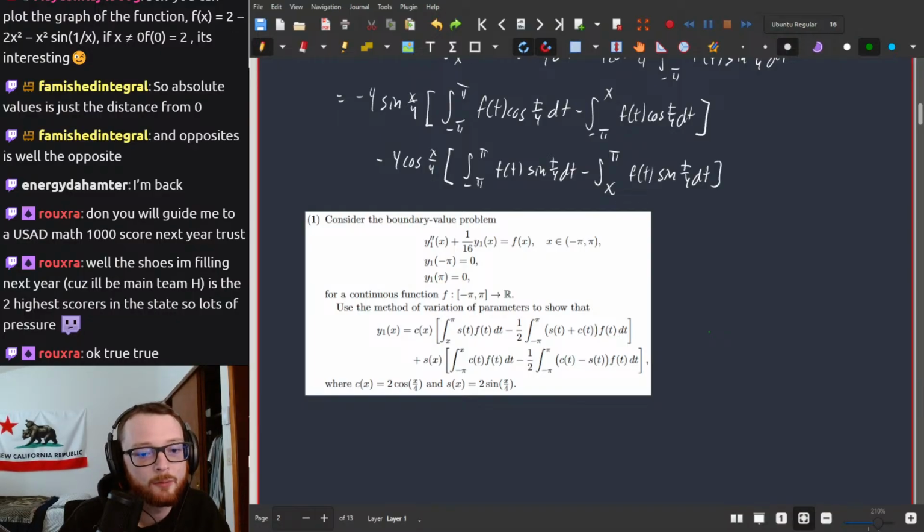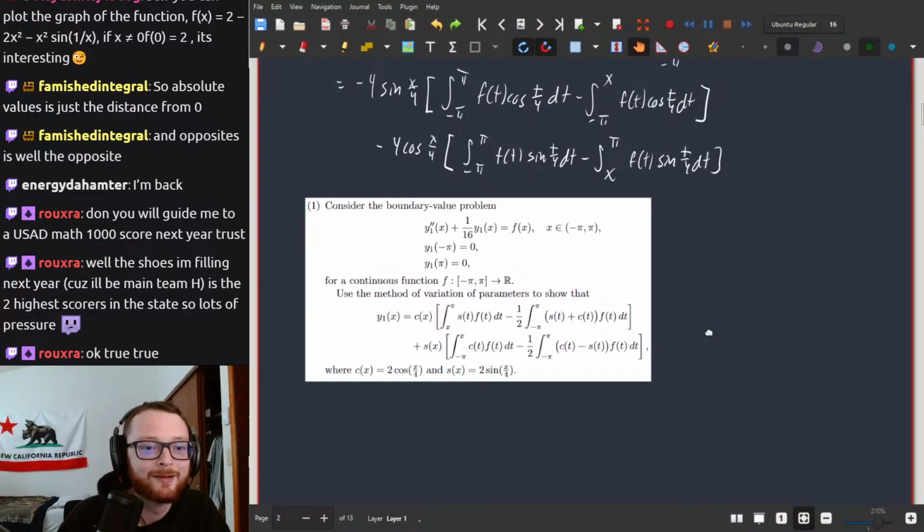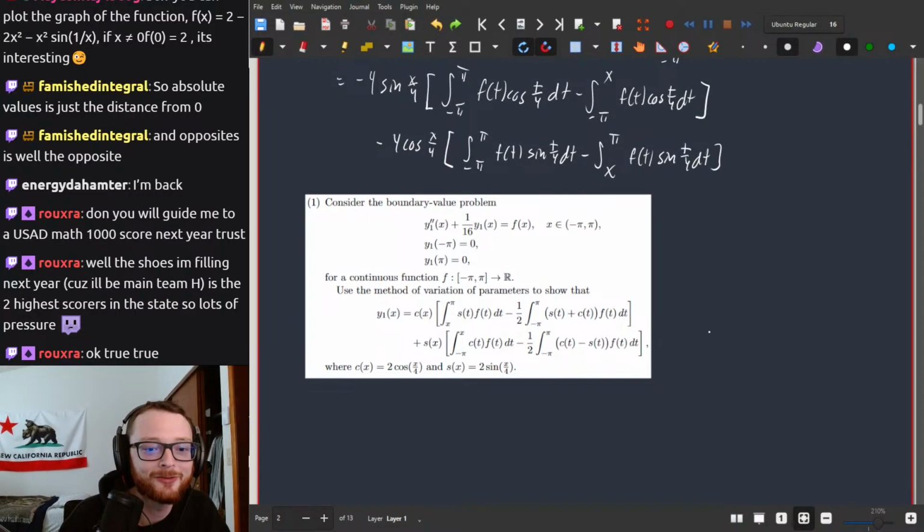How are we going to pull that one off? It seems like it will be true if we can justify. Oh, integration by parts? Okay.